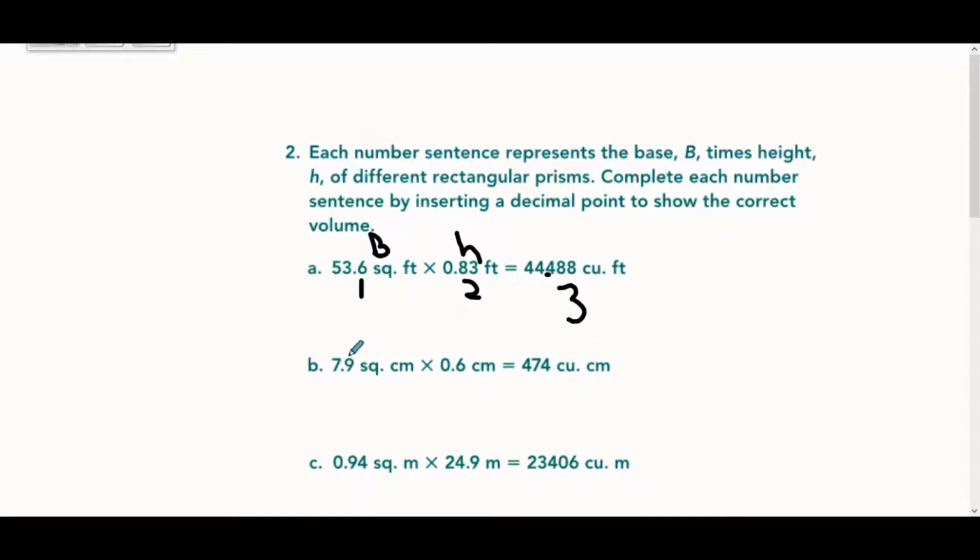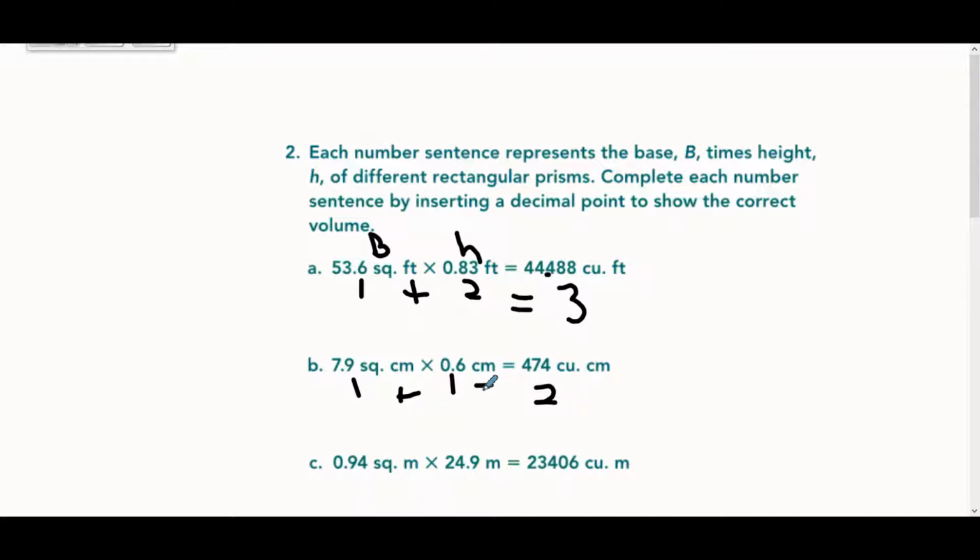I'll do one more. 7.9 square centimeters, that's our area of our base, and then our height is 0.6 centimeters. So it's 474, but that's without our decimal places. There's one here, there's one here, so a grand total of 2 decimal places. I suppose I should probably show that we're adding our decimal places.